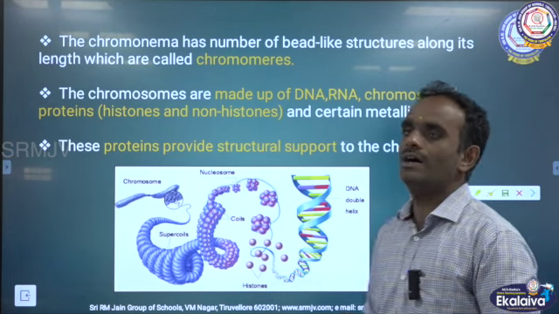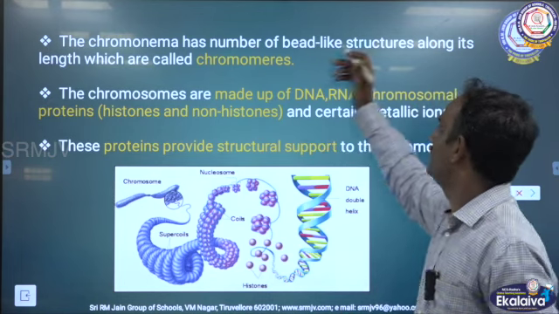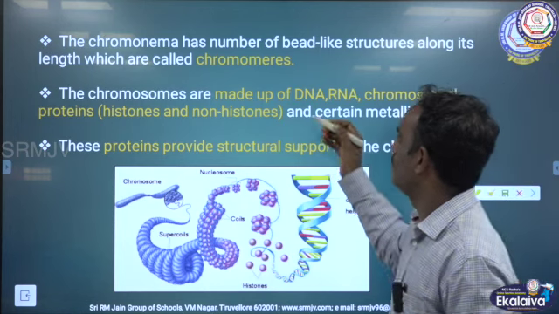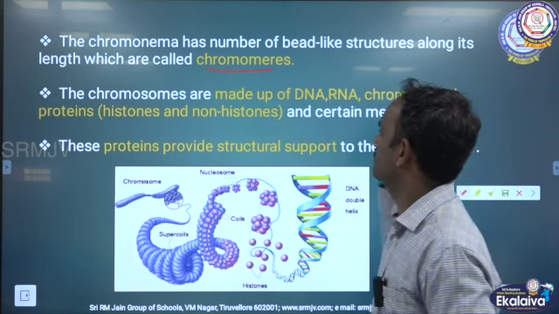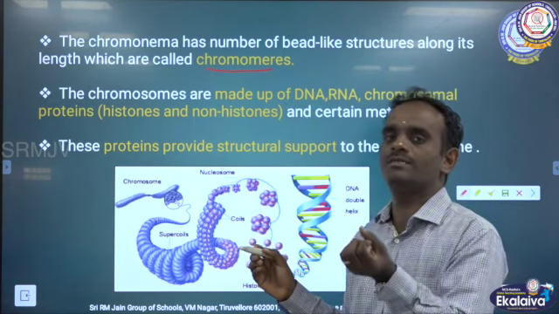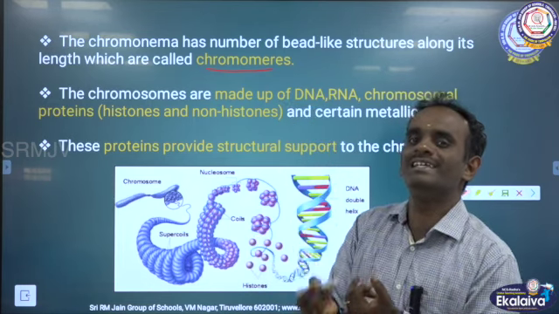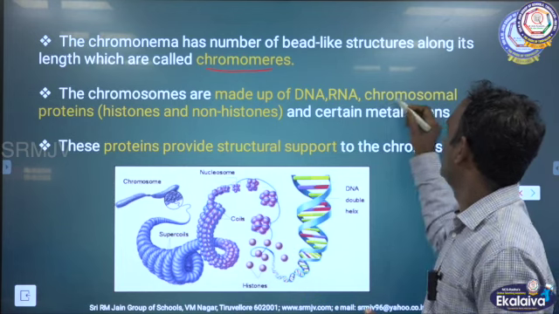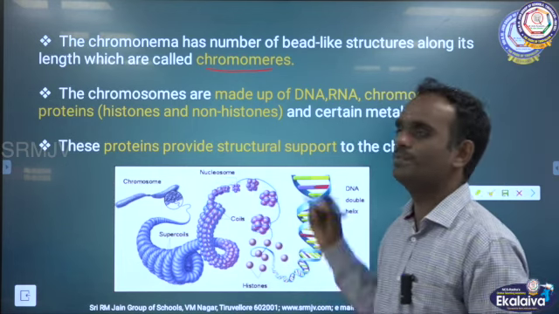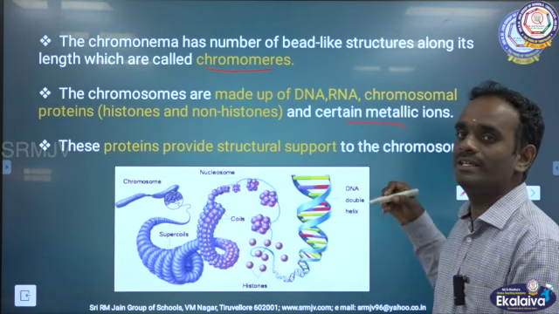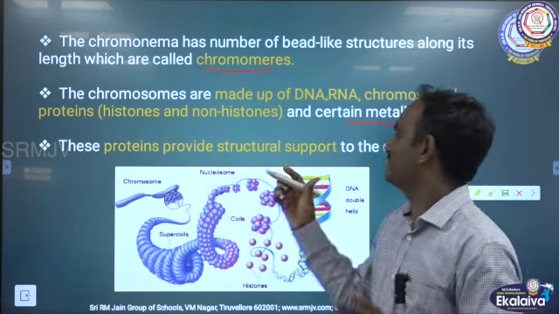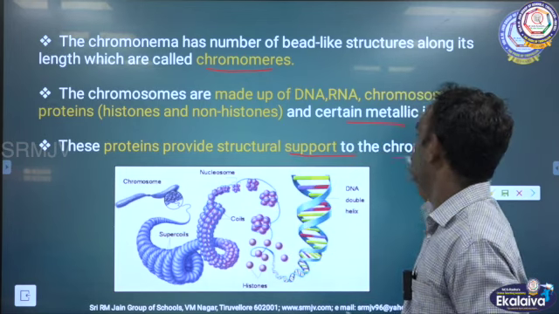The chromonema has a number of bead-like structures along its length, which are called chromomeres. The chromosomes are made up of DNA, RNA and chromosomal proteins, called histone proteins and non-histone proteins, and certain metallic ions. These proteins provide structural support to the chromosomes.